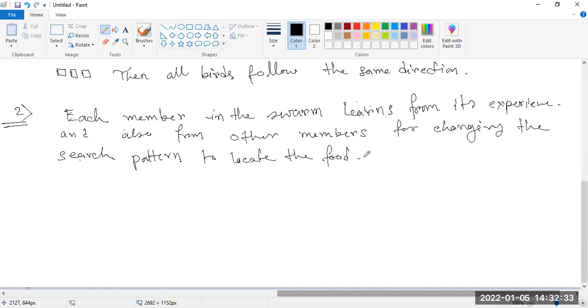Okay, so this is the particle swarm optimization basic concept, and now how it is working.